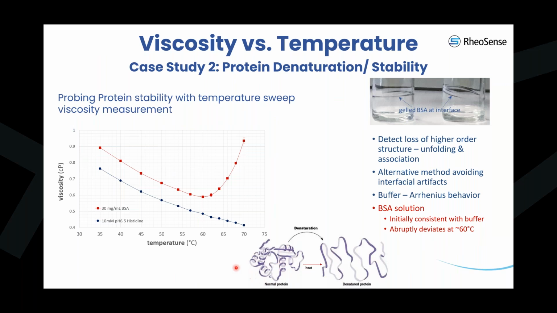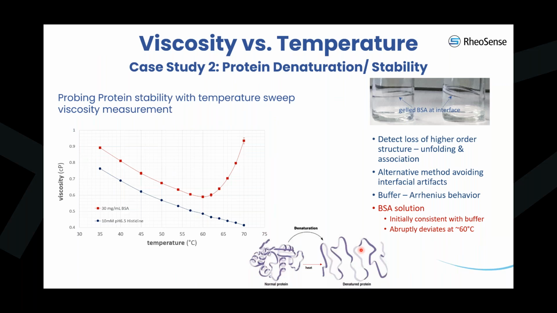We have a higher order structure like primary, secondary protein, right? But as you increase the temperature, unfolding can happen like this. And these unfolded protein molecules can aggregate and form clusters that can increase the protein viscosity. This way we can actually study the stability of proteins.